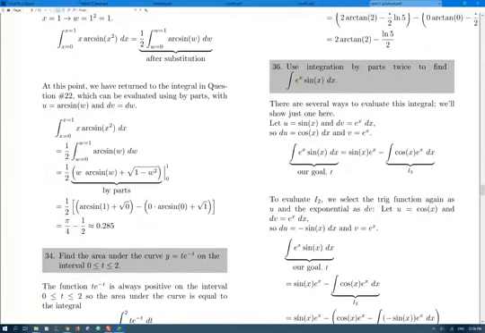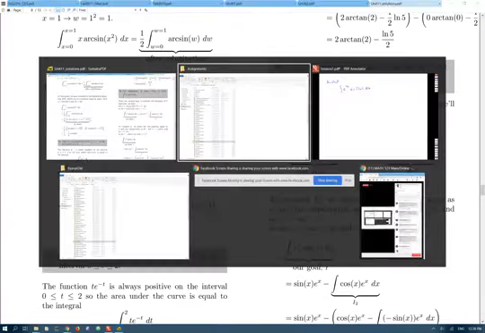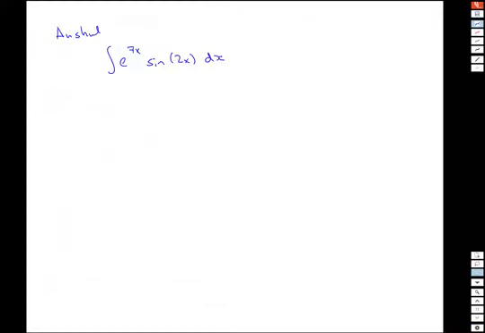So e to the x times sine of x. So in a question on an exam for this, we would actually give you the tip of compute this integral by using integration by parts twice. That's exactly what happens with the question you're asking here. The only difference is that you have some constants as well. So I'm just going to take a quick look at that.